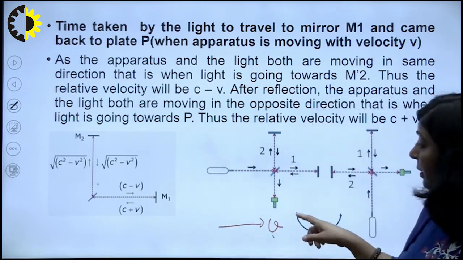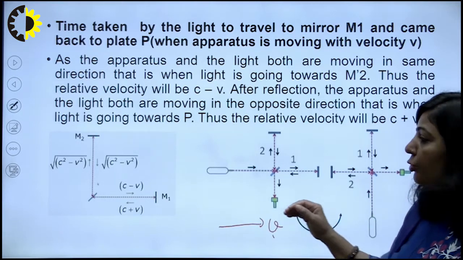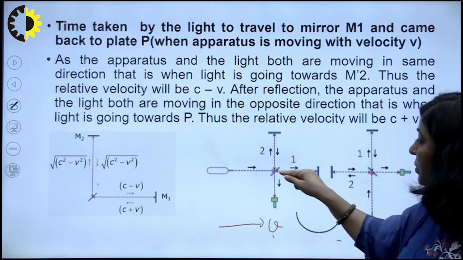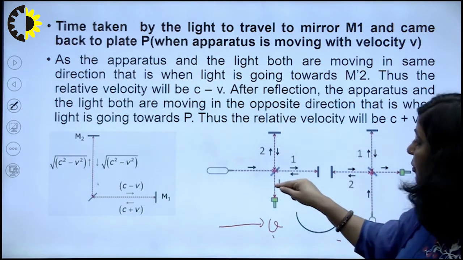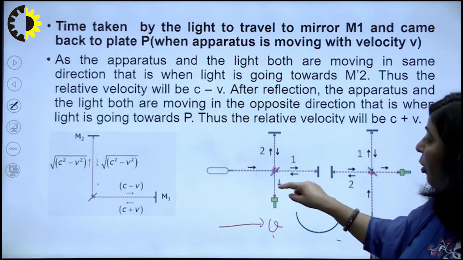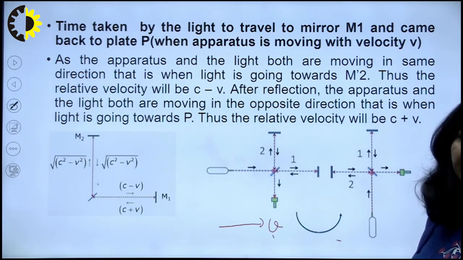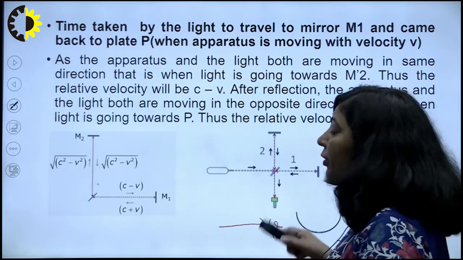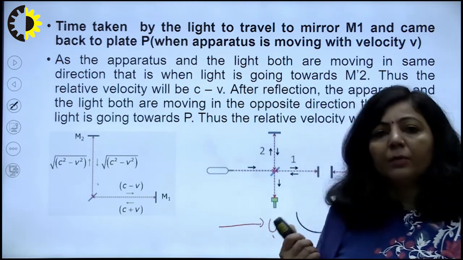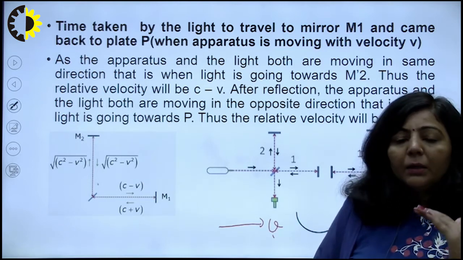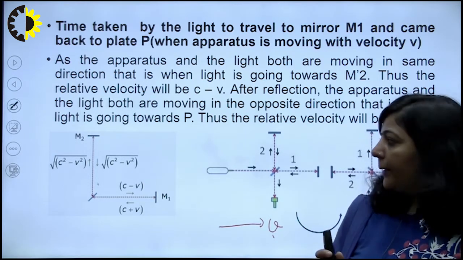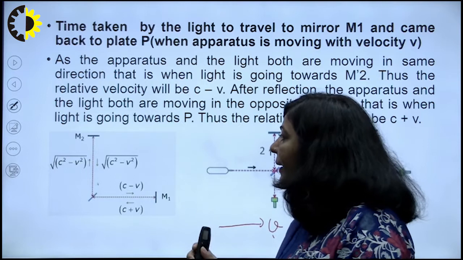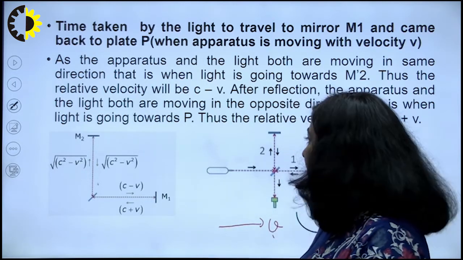Suppose the direction of motion of the apparatus is along the transmitted ray. That is your case number 2. Now again the working process is the same: the light will strike the glass plate, then divide into two parts, the reflected and the transmitted.